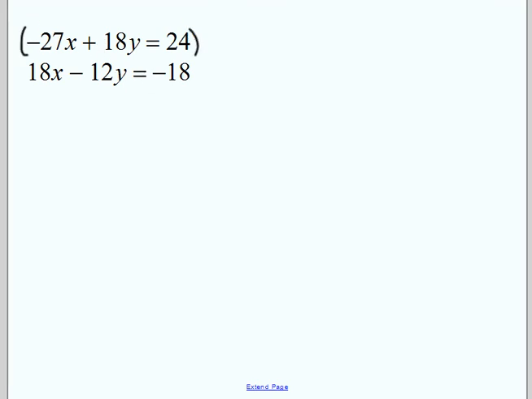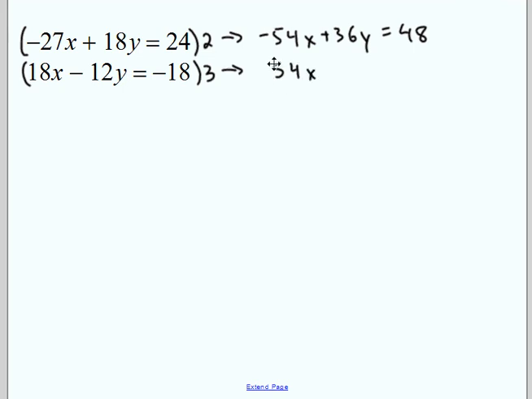So I could multiply the top equation by 2 and the bottom by 3. And if I do that, I get negative 54x plus 36y equals 48. The bottom equation, I'd get 54x minus 36y equals negative 36. Right? I just thought to myself, how could I make this positive 36 and this negative 36? That way the y's cancel.